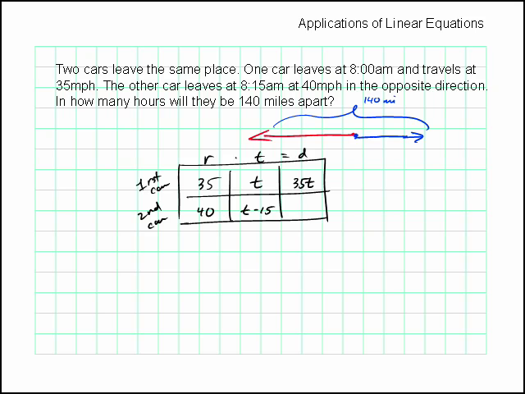Actually, let me fix that. I can't use minutes here. We're in miles per hour, so 15 minutes is a fourth of an hour. It's 1/4 of an hour. Multiply across: 40 times t minus a fourth, just like that.